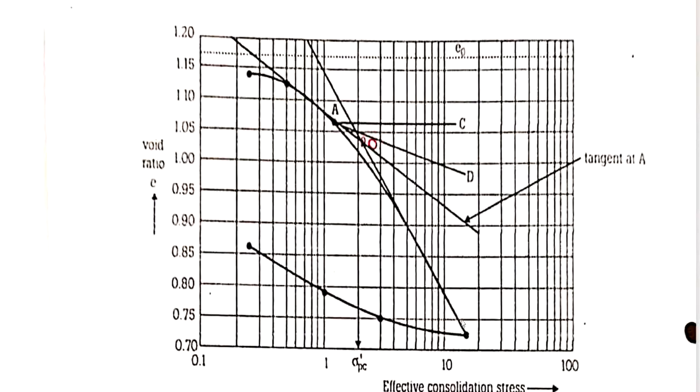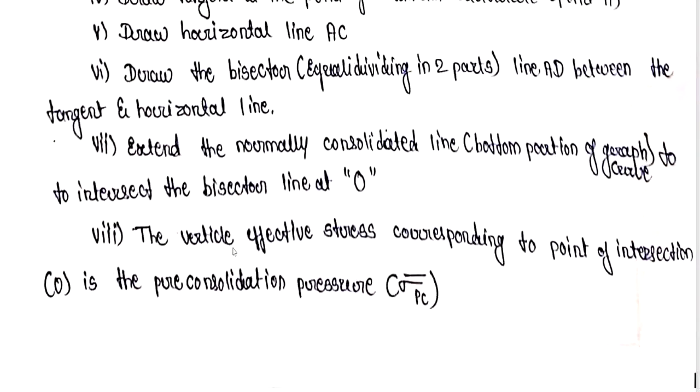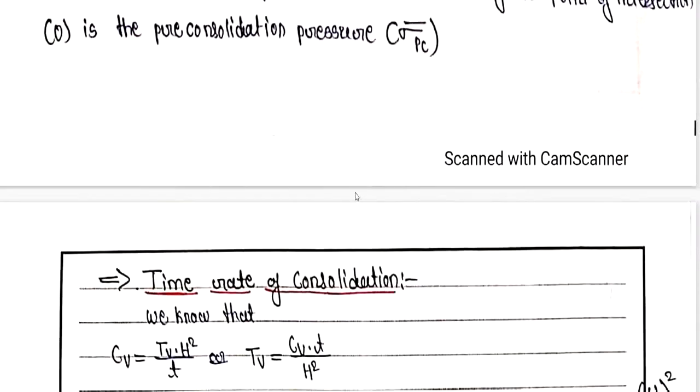From this curve I have extended the normal consolidation to a straight line, and I have extended it such that it should bisect the bisector at point O. The effective consolidation stress corresponding to point O is going to give us the pre-consolidation pressure. So the procedure is very simple. Many times in your examinations they have asked you about the pre-consolidation pressure.